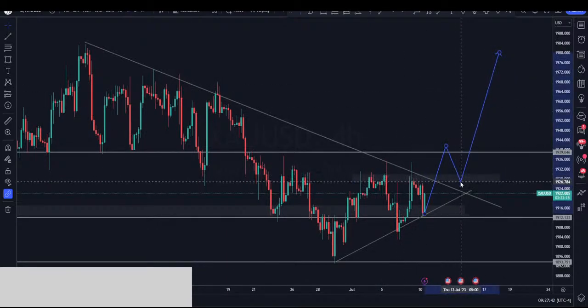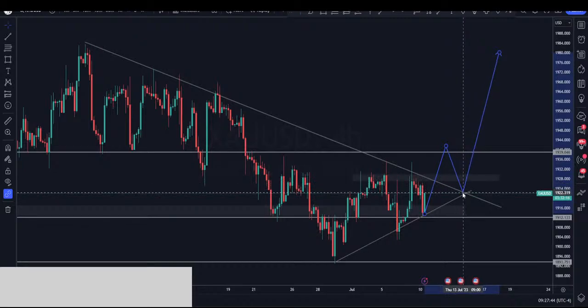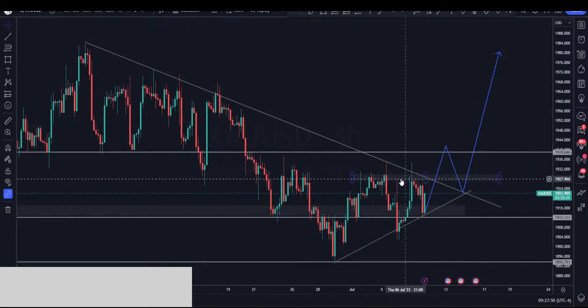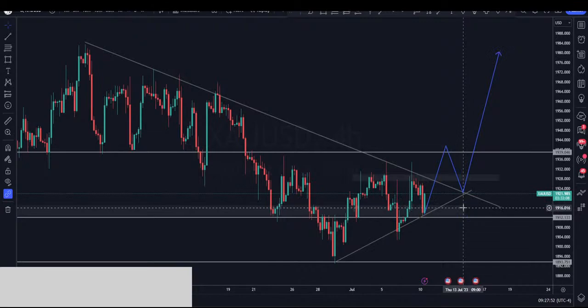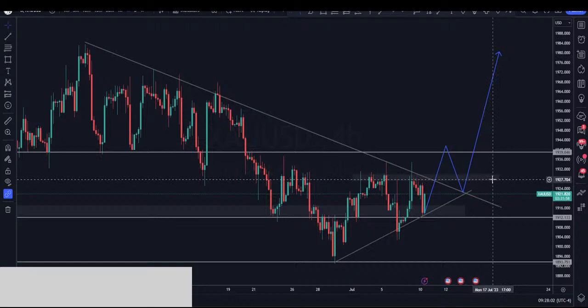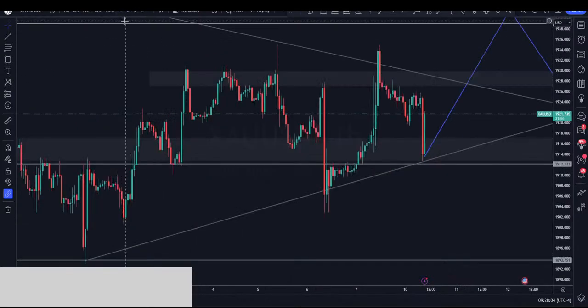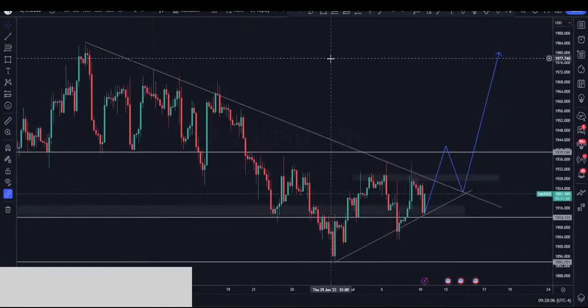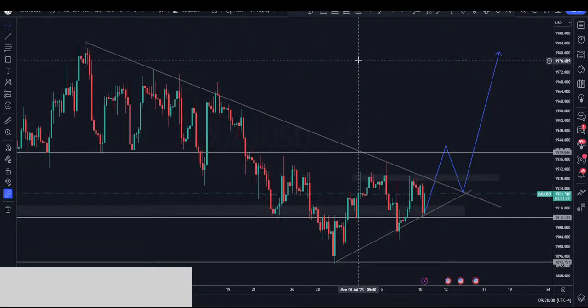It could even overextend into this area here. So I'll be looking for some kind of movement on this level. If it does break back down into the downtrend, or if it just rejects this area and comes down, then we might be looking for a short off of this level. But for now, that's kind of the longer term outlook for gold.